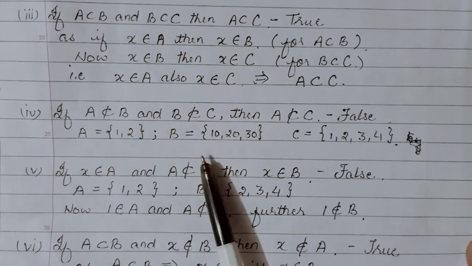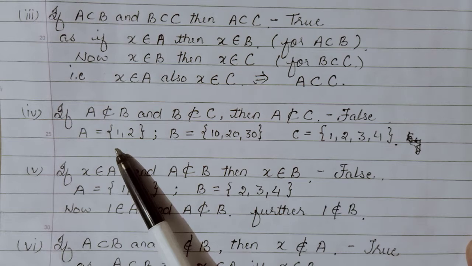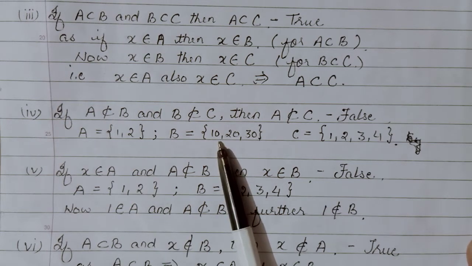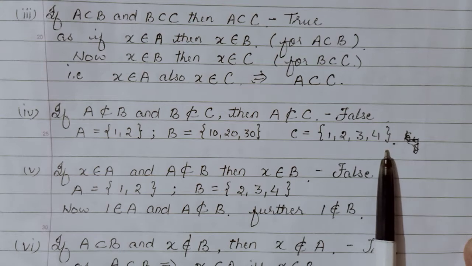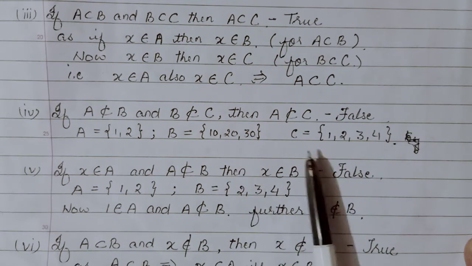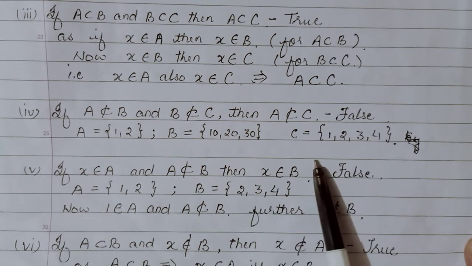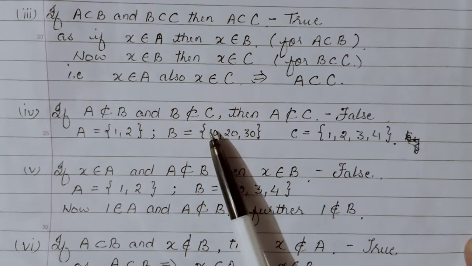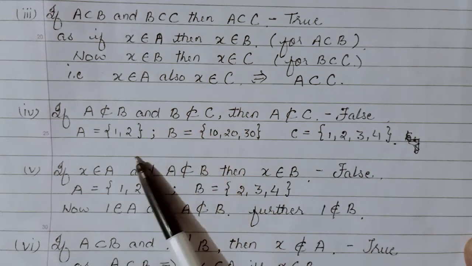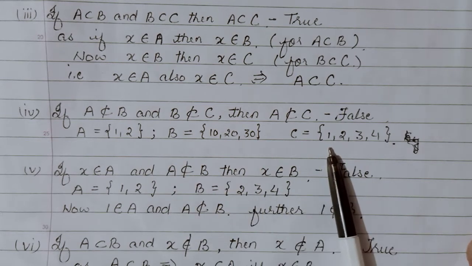So none of the entries of A are seen in B, so we will say A is not a subset of B. Right? Then C we have made as 1, 2, 3, 4. Clearly, if I check between B and C, none of the entries of B are in C. So I would say B is also not a subset of C. So all three sets fulfill these two conditions. Right?